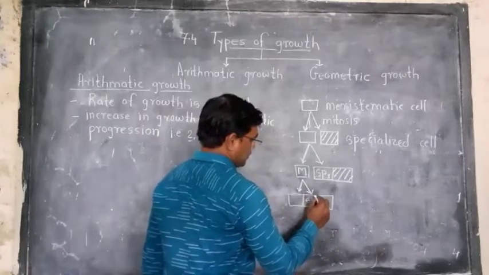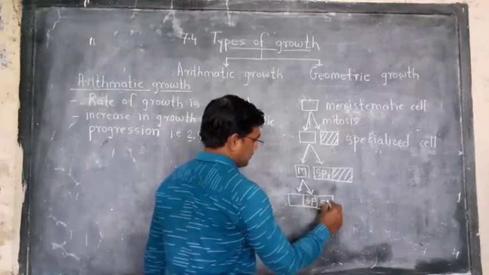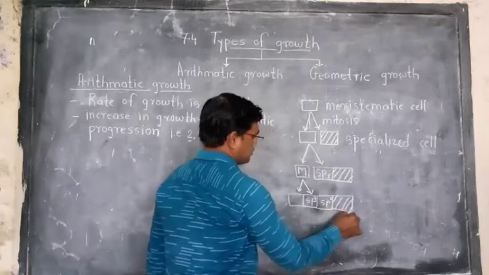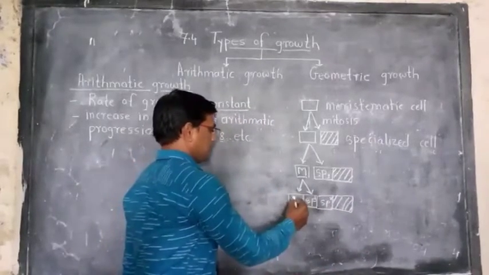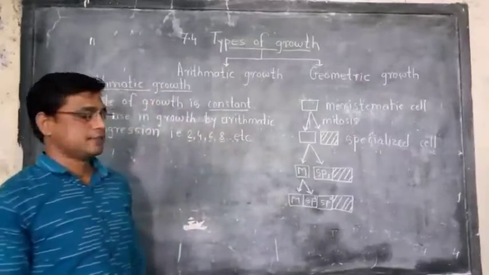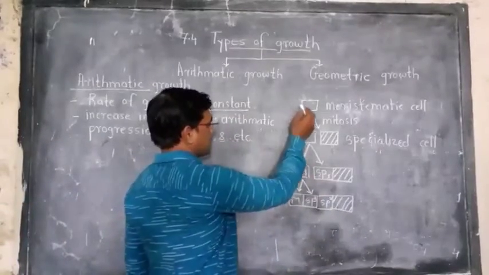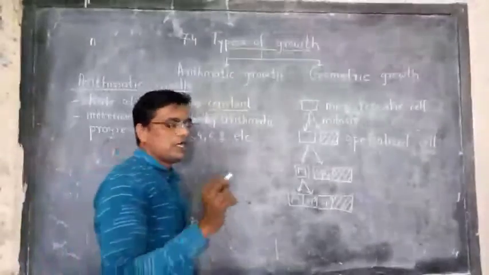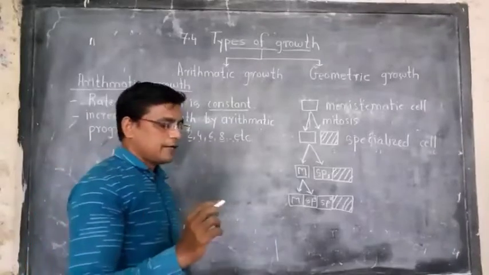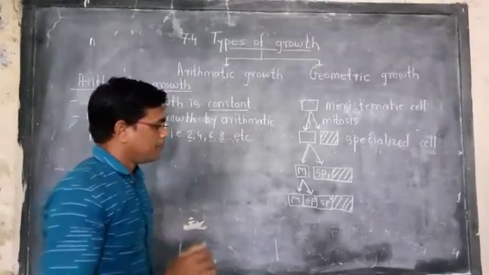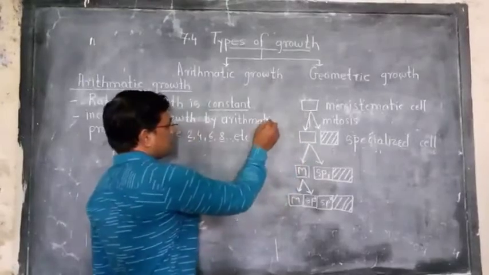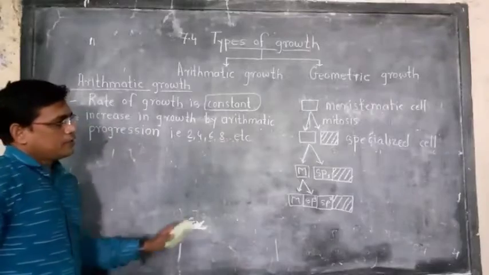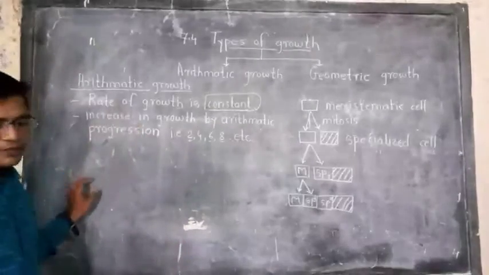In this way growth takes place continuously at a constant rate, meaning only one cell is added at a particular time. In this way the growth is constant, and this is how arithmetic growth takes place.